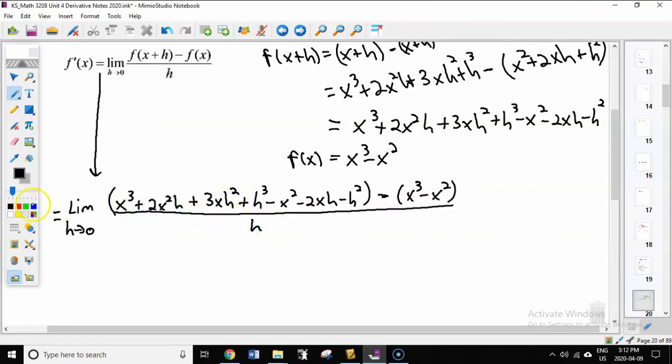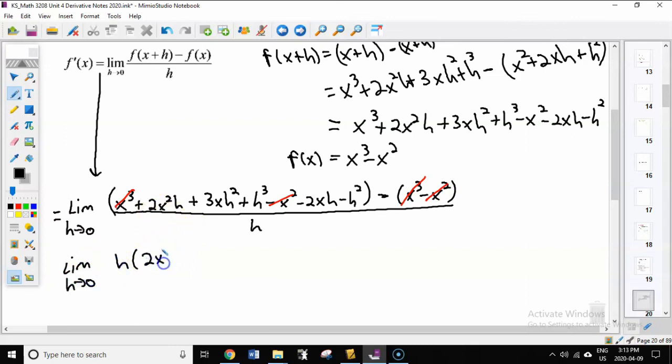all over h. So now our last couple of steps, the x cubed subtract x cubed cancels out. The negative x squared subtract negative x squared cancels out. And if you look inside, everything left has an h. So if we kill two birds with one stone, we'll take the h outside. What's left?